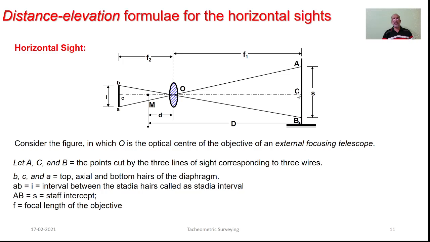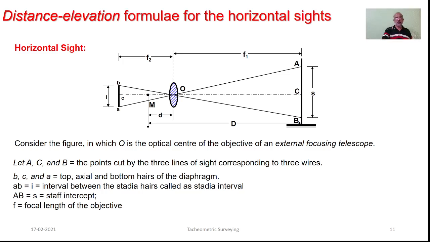This A, C, B are the points cut by three lines of sight corresponding to three hairs, say upper stadia, lower stadia and axial hair. As such, these B, C, A are the positions of the hairs on the diagram.